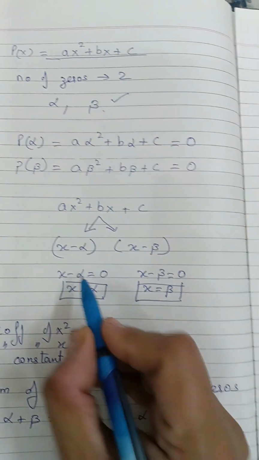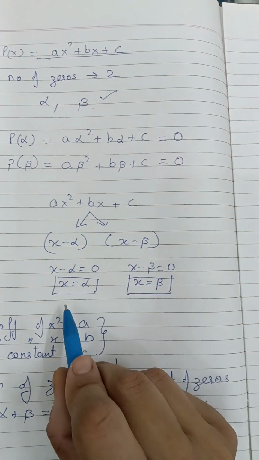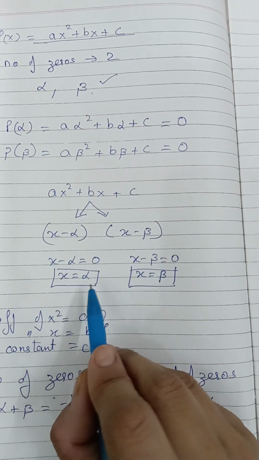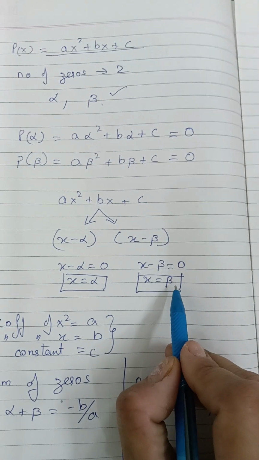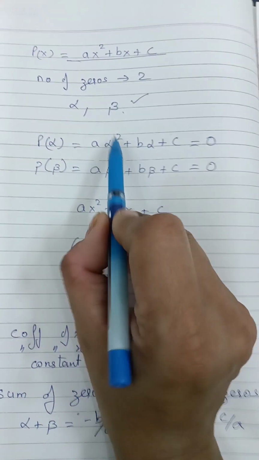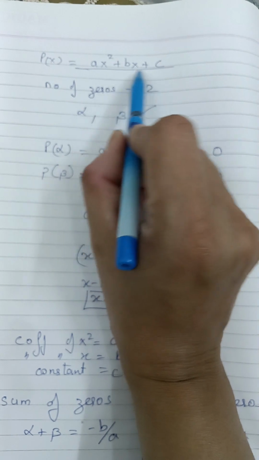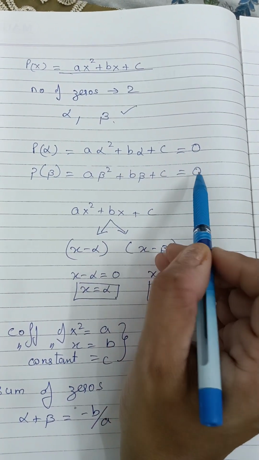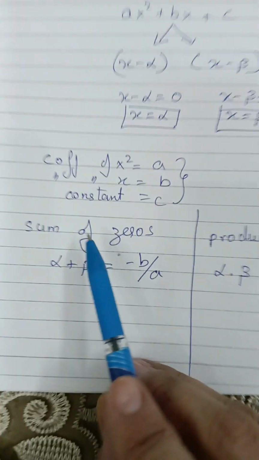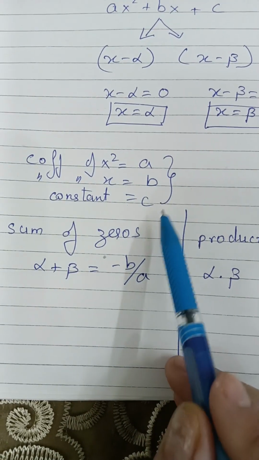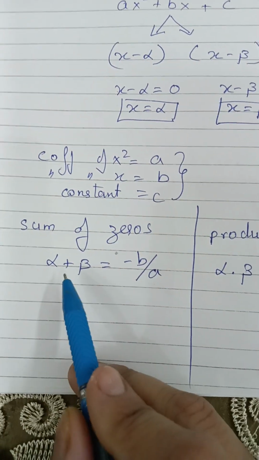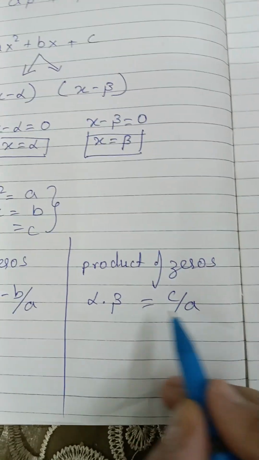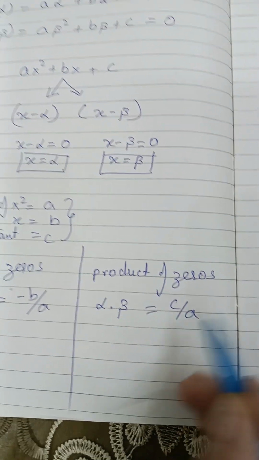Individually, we equate the factors with 0 and get the possible values of x. So by equating with zero, the values of x will be alpha and beta. If we replace these zeros in the polynomial in place of x, the solution will always be 0. Now, the coefficients are a, b and c, and the relations are: the sum of the zeros is minus b upon a and the product of the zeros is c upon a.